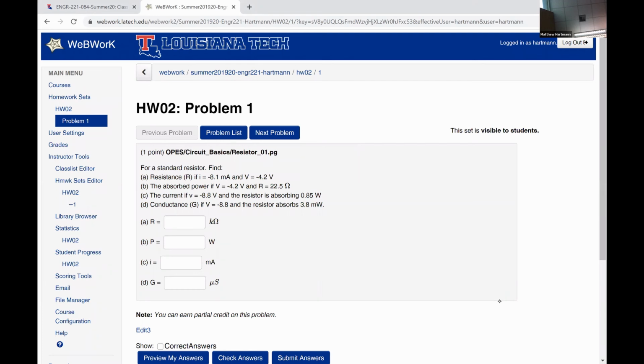Find the resistance if you know the current and voltage. That should be easy. Find power if you know voltage and resistance. That's easy. Find current if you know power and voltage. That seems pretty easy. Find conductance if you know voltage and power. All of those are just using the various formulations of Ohm's law and the power relationships that we developed during that section of the lecture. So that's nothing too wild and crazy.